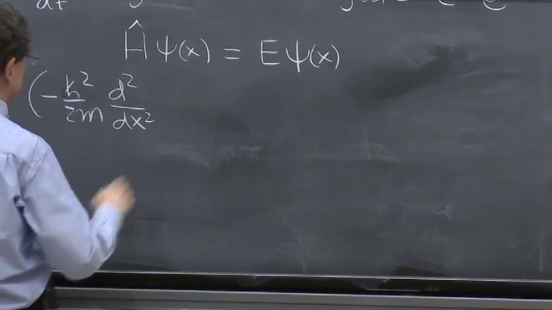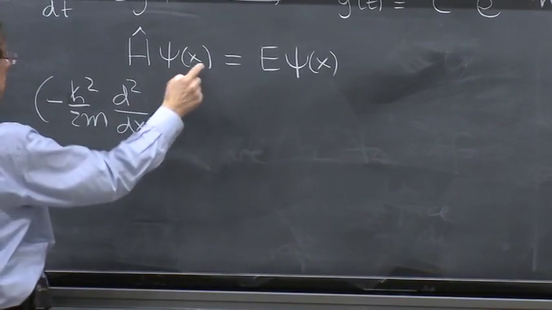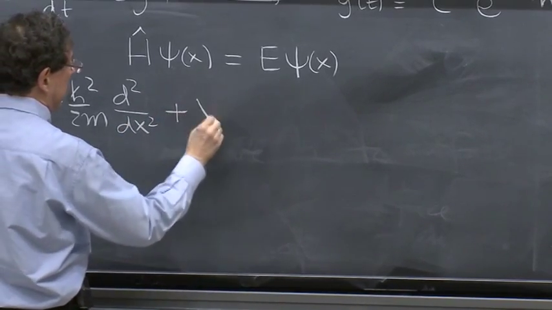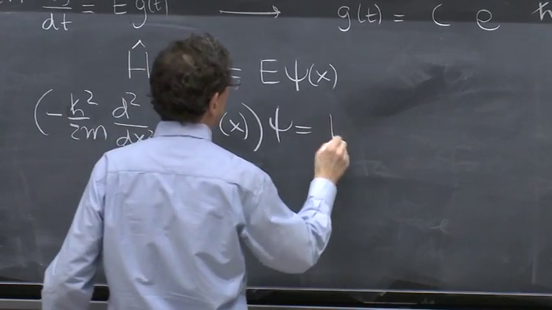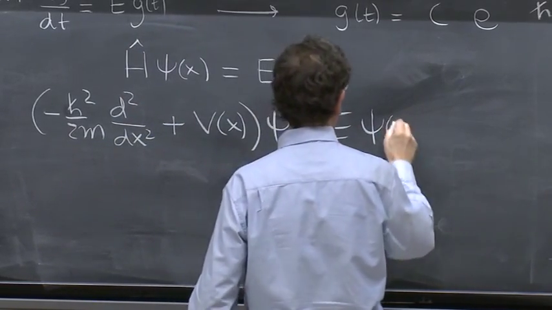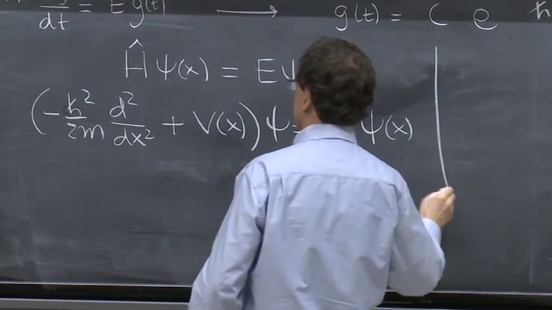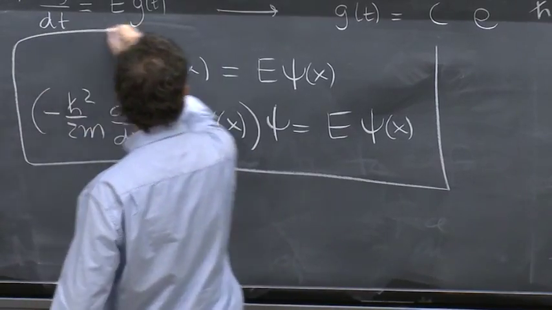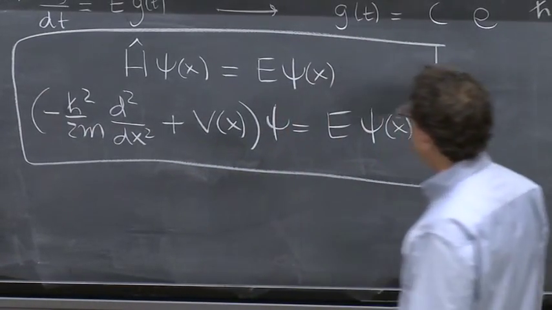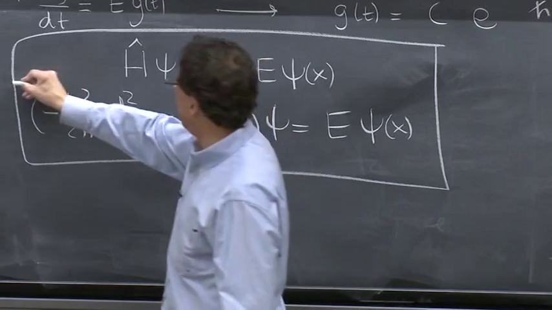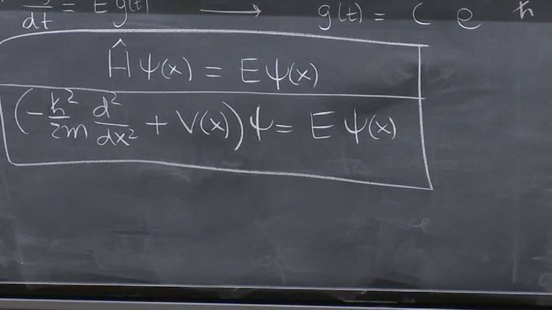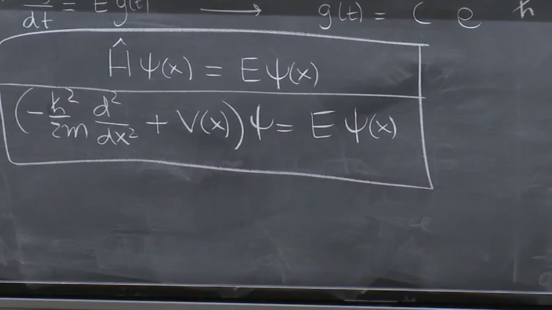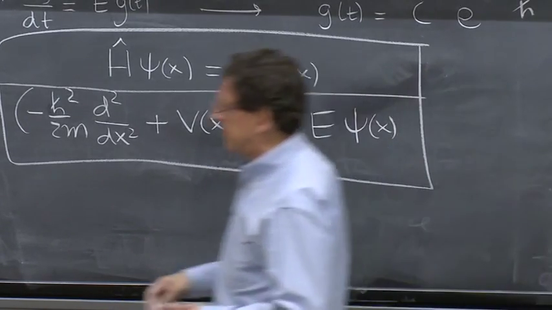I can use normal derivatives here because this is just a function of x, plus V of x psi is equal to E psi of x. This is the same equation that I'm boxing twice because it's written in those two ways, and both ways are very important. And this is part of solving for stationary states.